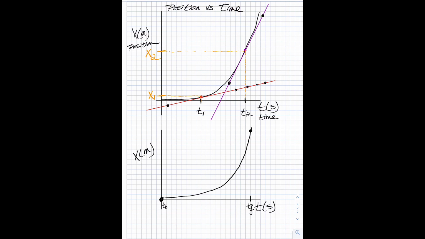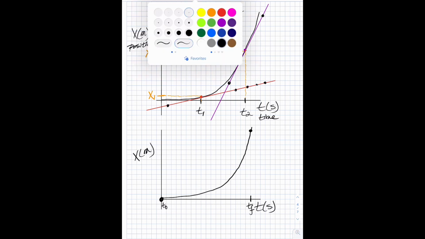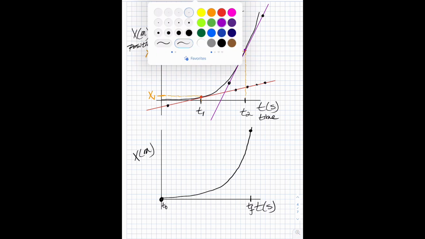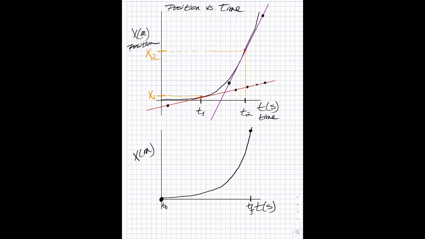So now you do the slope of this line, and you just take this line. We're gonna use purple. Let's use blue, navy blue. And that is the average velocity.